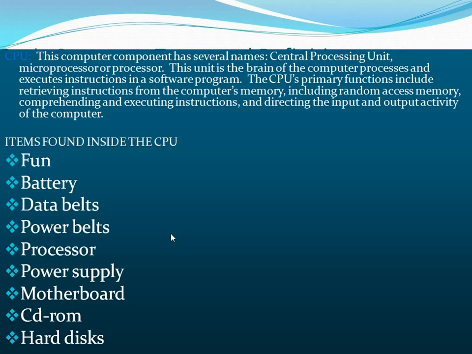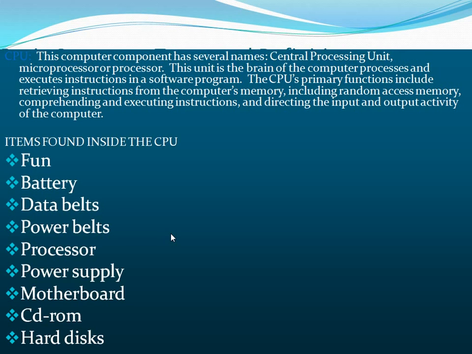This processor executes instructions in a software program. A processor gets commands from a software. For instance, if you install VCell, the one that plays music, it's a software, but it has to communicate straight with the processor.